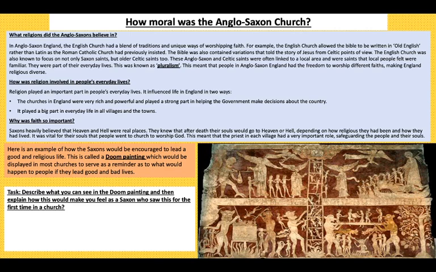So your next task, I would like you to describe what you can see in the doom painting and then explain how this would make you feel as a Saxon who saw this for the first time in a church.